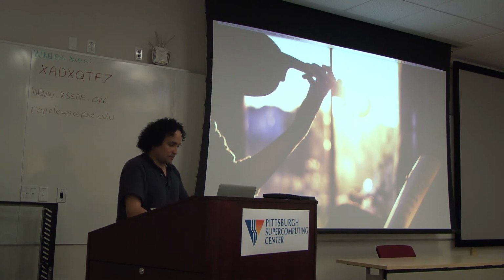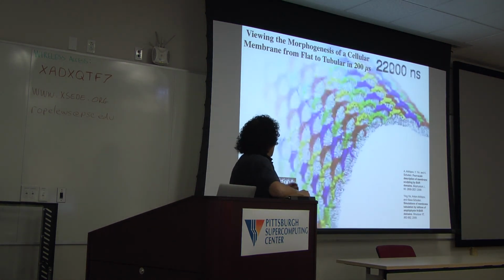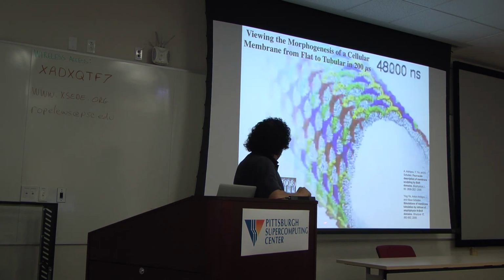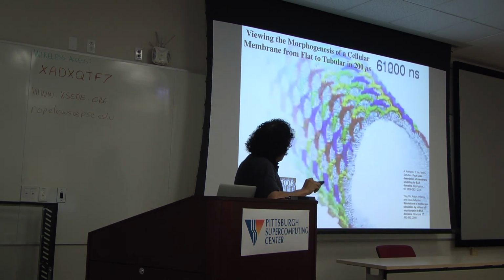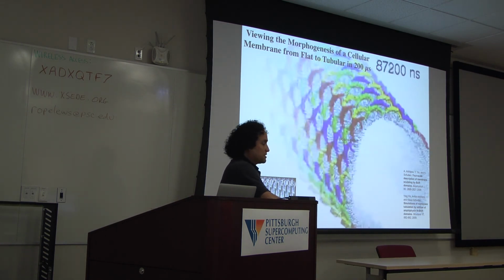I'll show you guys one. I think we're due for lunch, but I'm going to show you one last example of coarse grain that I really like. The movie looks a little bad, but this is the formation of the tubulation by these BAR domains. It's BAR domain sculpting.